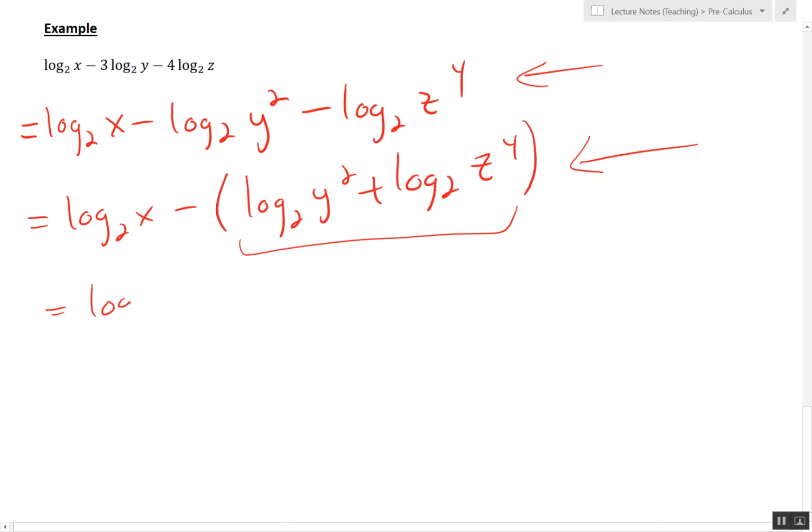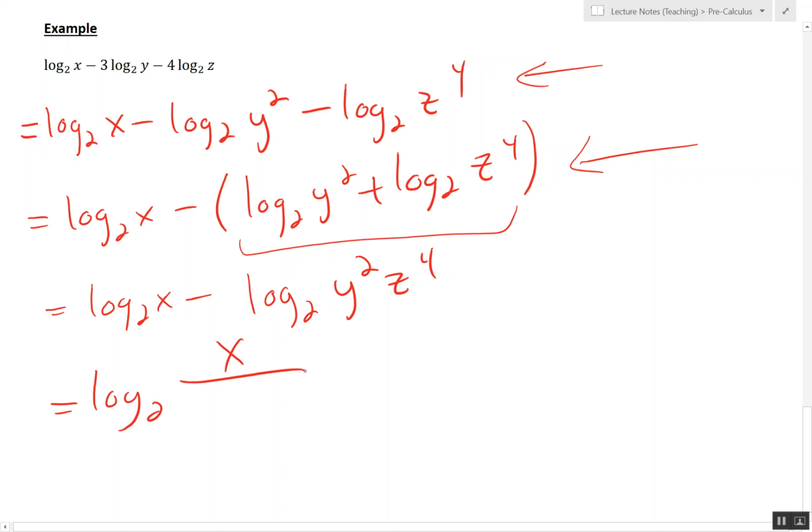So log base 2 of x comes along, and then combining these using the sum-to-product formula, this will be log base 2 of y squared z to the fourth. Now notice we're down to a single subtraction, so we can combine the two logs into a single log, and this will be log base 2 of x divided by y squared z to the fourth. And this is our final answer.